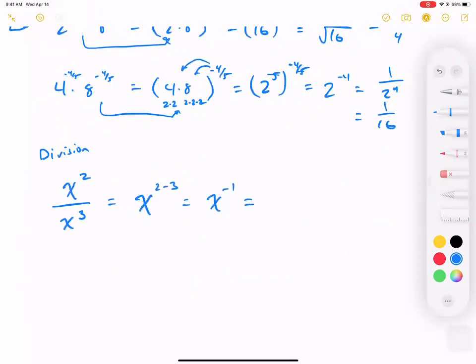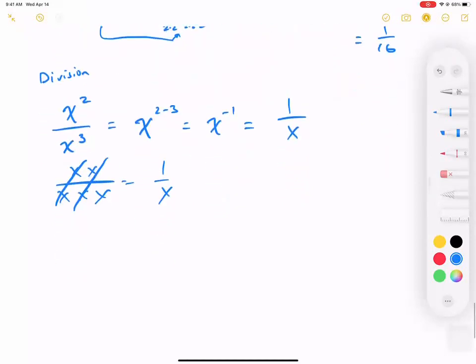And remember, you don't belong here because you're a negative exponent, you're on the bottom. To see this played out, x times x over x times x times x, you see that the x's divide out, leaving you 1 x on the bottom. You have to write the 1 on top to remind yourself that this is still a fraction. So if we're dividing, we're actually subtracting our exponents.